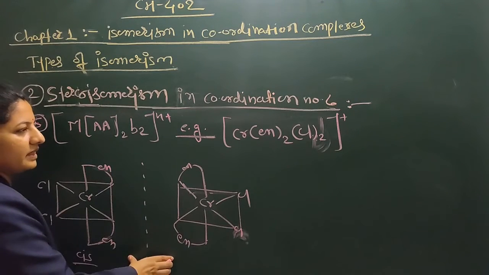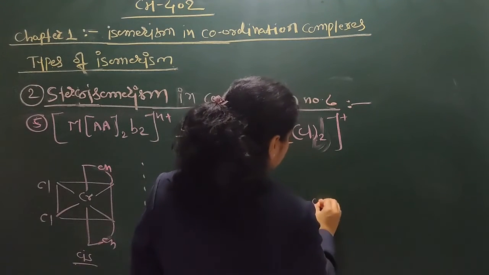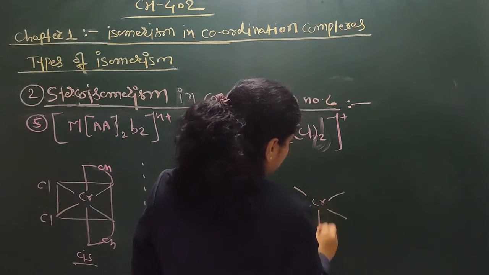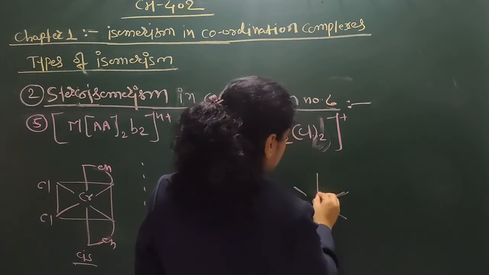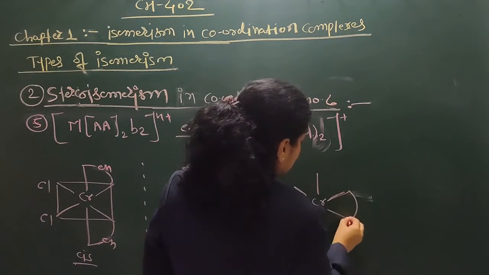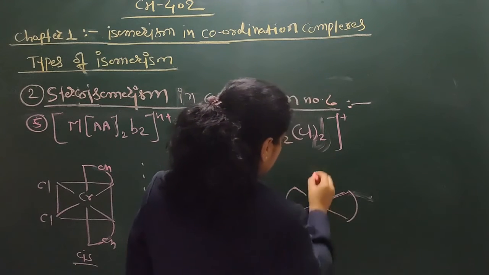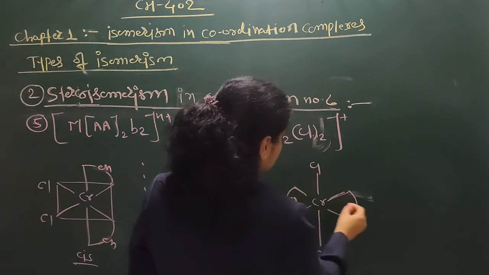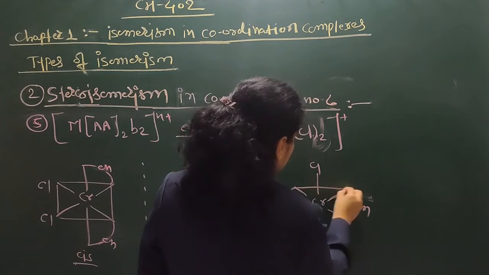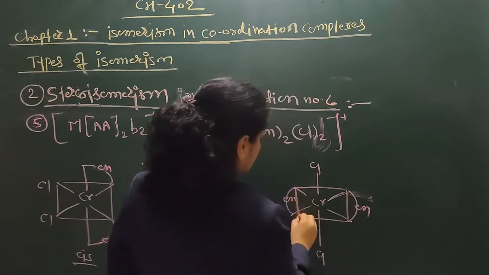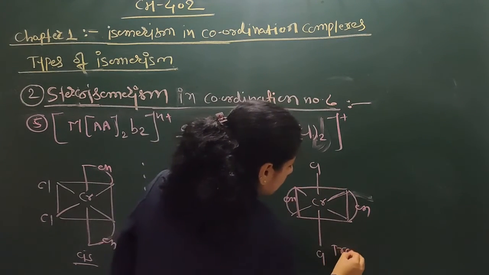So these are the two mirror images, and thus there will be one more isomer possible, cis and trans. So this is a trans one.